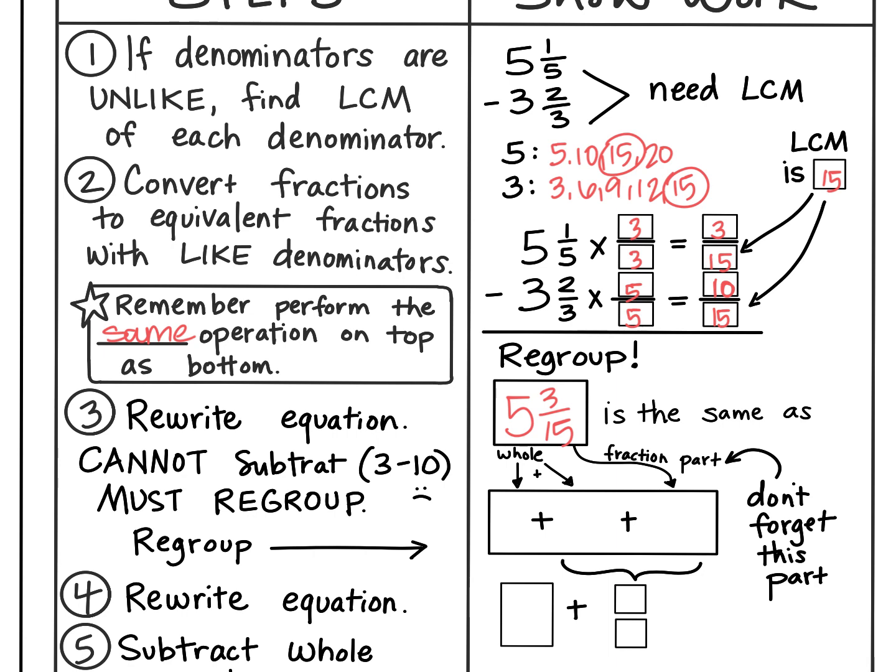And I'm going to break that up because I've got to pull out a whole number. I've got to borrow from the 5 a whole number. So when I do that, it's going to leave me with 4. And I'm going to use 15/15. Why do you think I would use 15/15 as a whole?